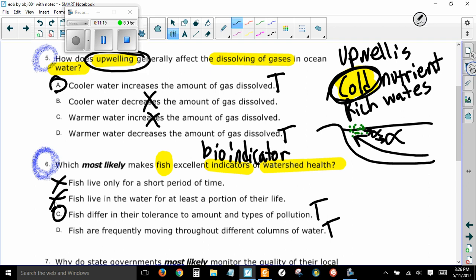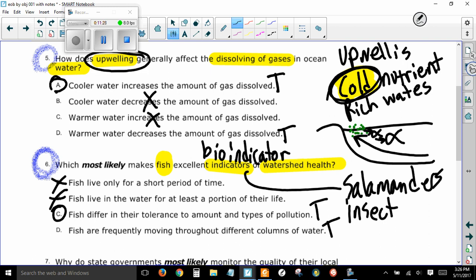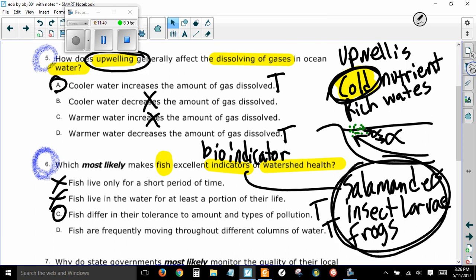Usually, most bioindicators, they might be salamanders, okay, insect larvae, frogs, and of course some fish. These guys right here, they need healthy, clean water to live in.